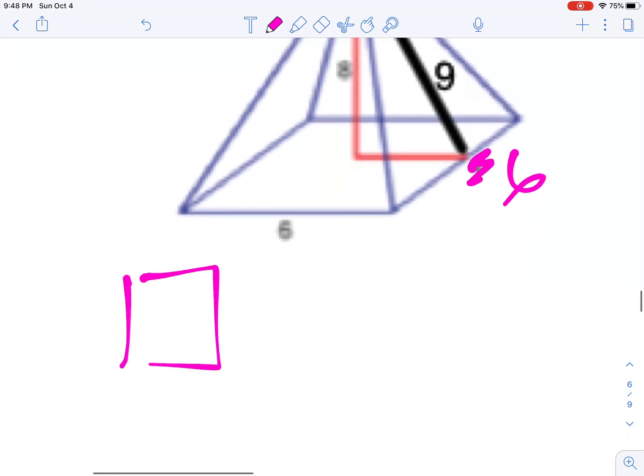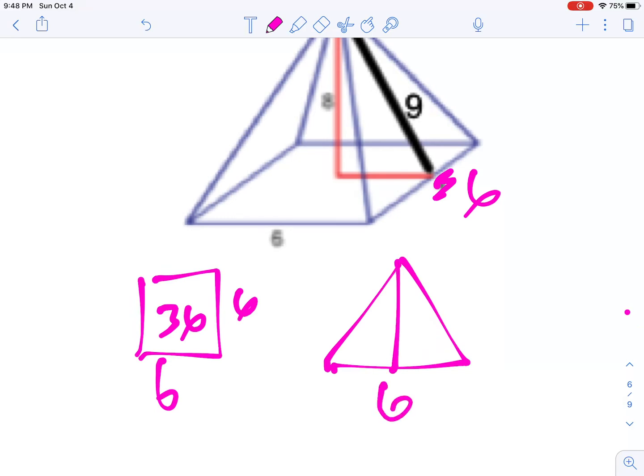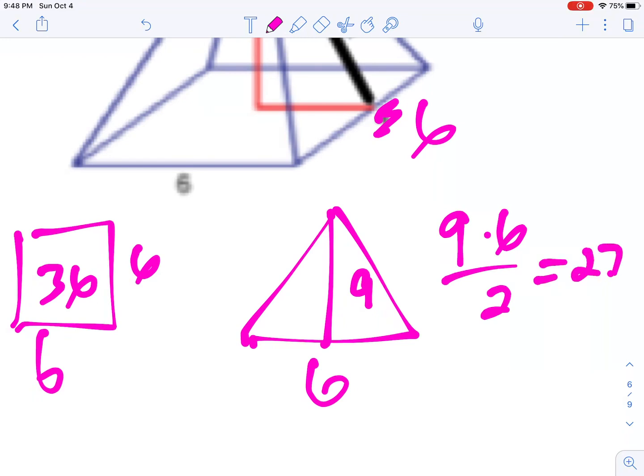So we have the area of the base, which is 6 times 6, which is 36. And then we have 4 of these triangles that are 6 by 9, right? And then so the area of the triangle is 9 times 6 divided by 2, and that's going to give us 27.